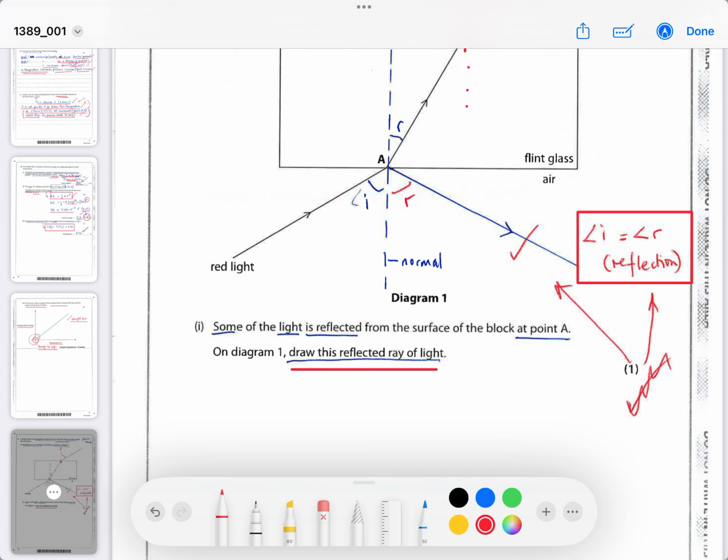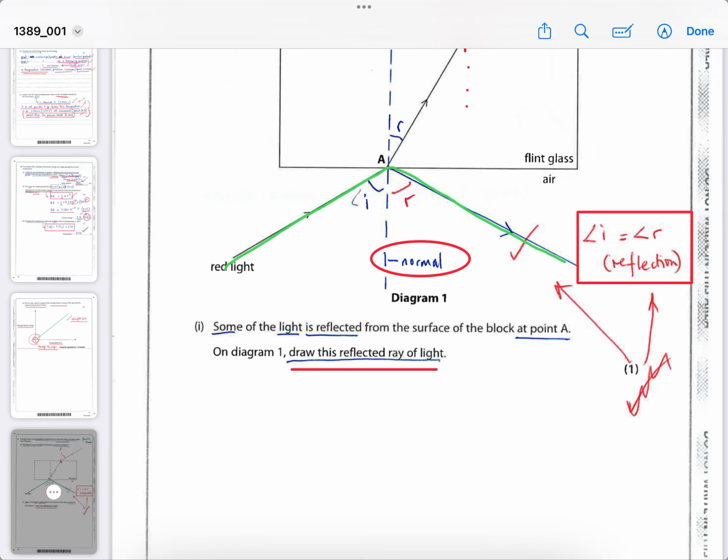Remember, all angles are drawn to the normal, so make sure you've drawn the normal. As long as they see that the light going in and coming back out has roughly the same angle, you'll get your accuracy mark. Just to the eye, they will not measure it.